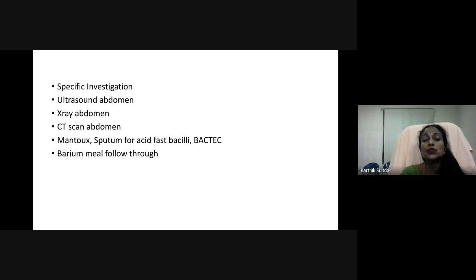How do you diagnose a bowel obstruction in an X-ray abdomen? First of all, you'll be able to see the dilated bowel loops, and they will have some fluid also.